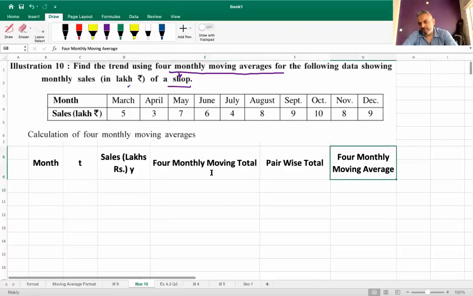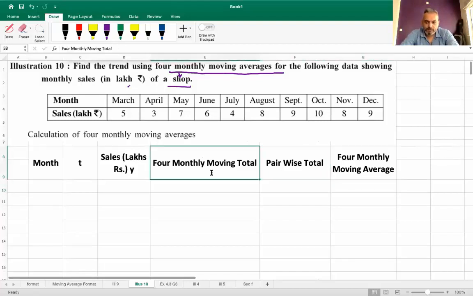Then pairwise total. Now what is this pairwise total? We'll see later. And the 4 monthly moving average. This is the final answer. Now before you start doing, just wait, listen to me, hold on.